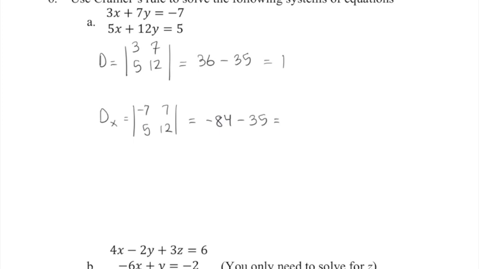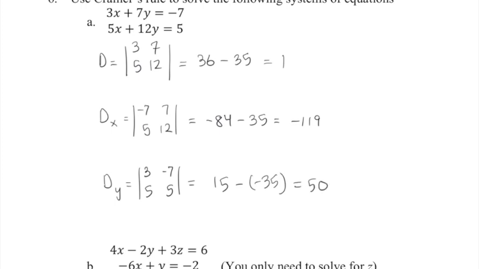That's negative 119. And finally, this last determinant, if you follow the subscript, y means that these coefficients in the y column are going to be replaced with negative 7 and 5. The x column is going to be the same as it was originally. So this determinant is going to be 3 times 5, which is 15, minus negative 7 times 5, which is negative 35.